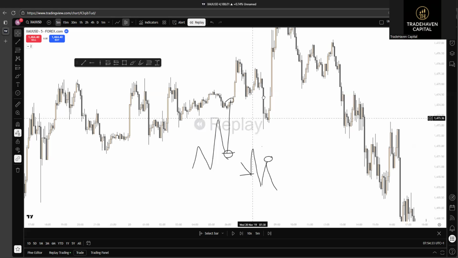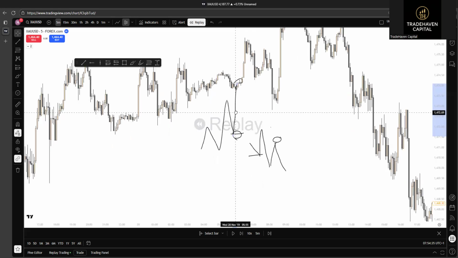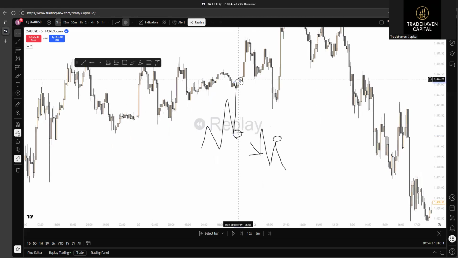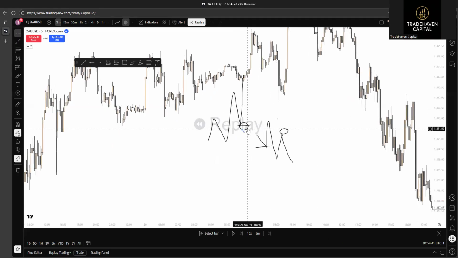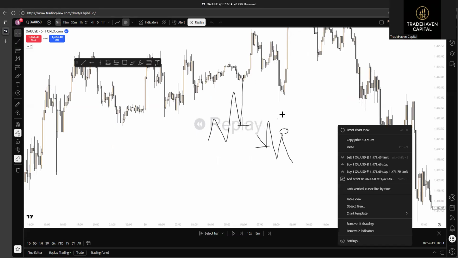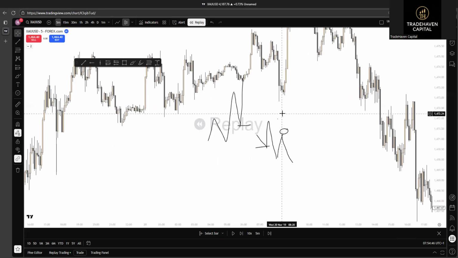Every trader right now understands this part, because whether you are trading SMC, Elliott wave, Fibonacci, ICT, whatever you are trading, this is the basics that every trader knows, right?